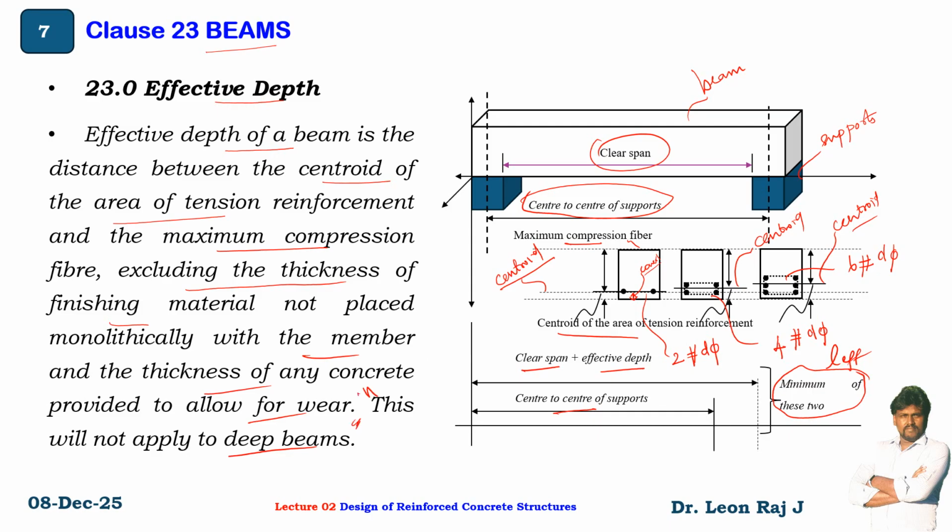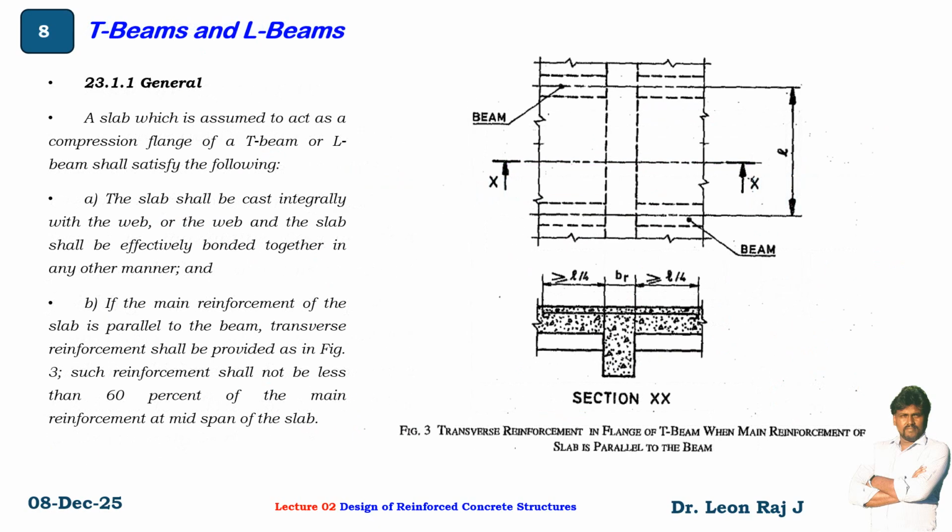Those who are doing research in deep beams should have understanding of this concept of effective length. Of course, effective length is part of the analysis, but effective cover or effective depth concept cannot be applied for deep beams.